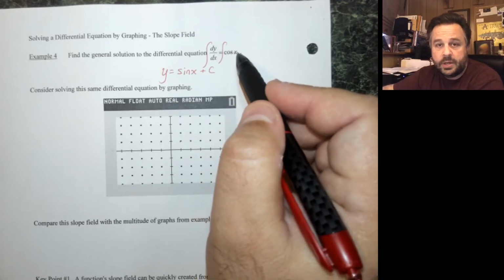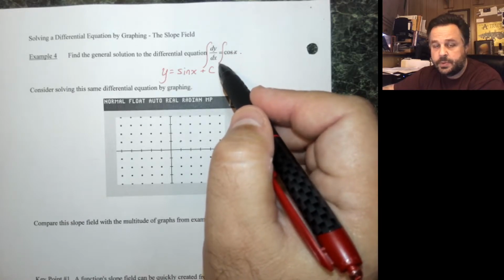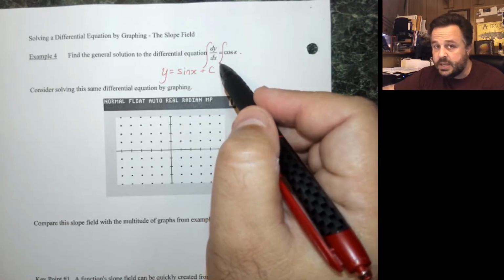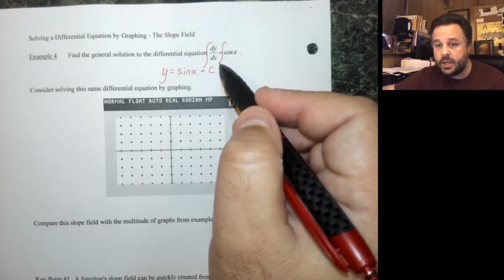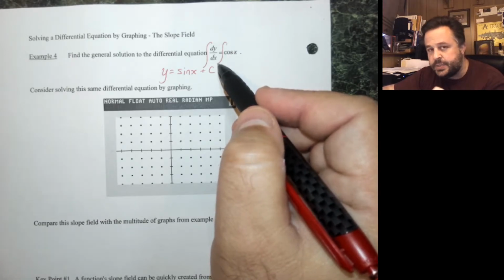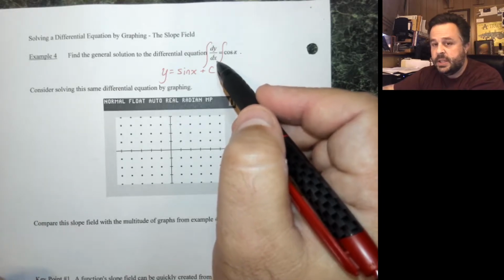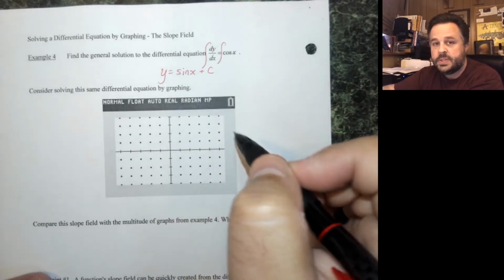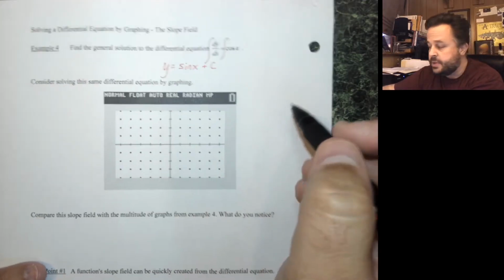So I'm going to plug 1 in for x, plug 1 in for y, and then solve that equation for dy/dx, because dy/dx would be the slope of the equation at that point (1, 1). And so I'll be able to draw just a little segment that has a slope of 1. And that should give me a glimpse. If I do that enough times with enough points, that should give me a glimpse of what the general solution for this differential equation looks like.